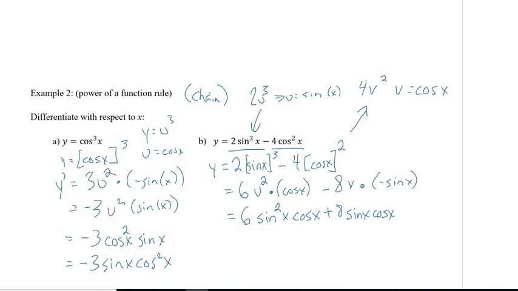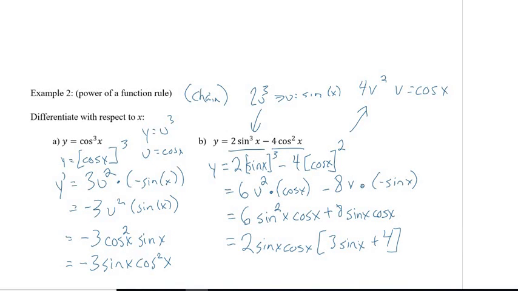But you also see that we have some factoring that we can do, so let's clean it up a bit more. We could factor out a 2, we could factor out a sine x, and we could factor out a cos of x. And that's going to be 3 sine of x plus 4. And that's the derivative.